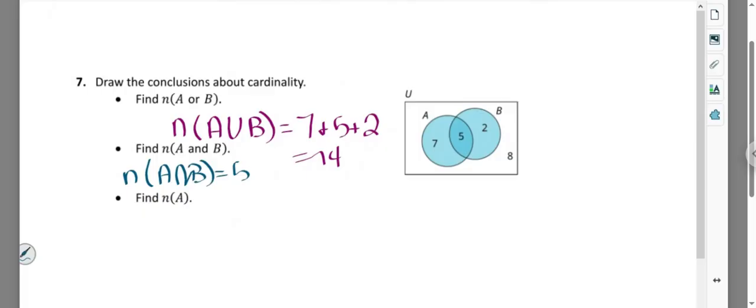Just in A would be the 7 and the 5. So there are 12 items that are in set A.